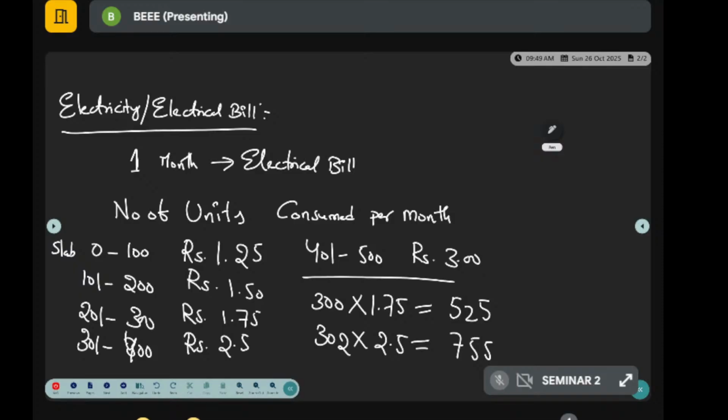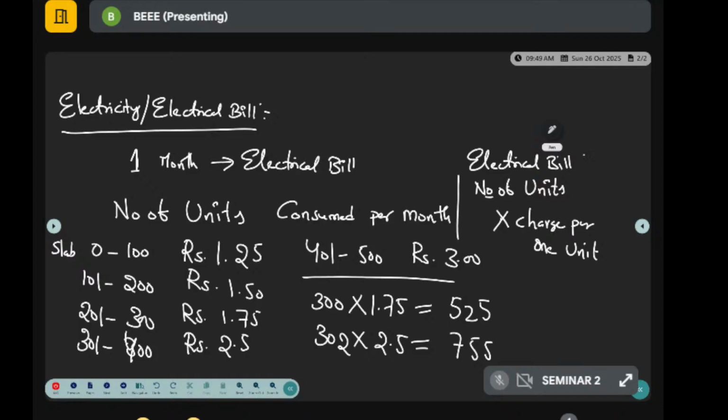Right. So after knowing the number of units consumed per month, what will you do? Number of units into amount will get your electrical bill. Number of units into charge for 1 unit is nothing but the electrical bill per month.